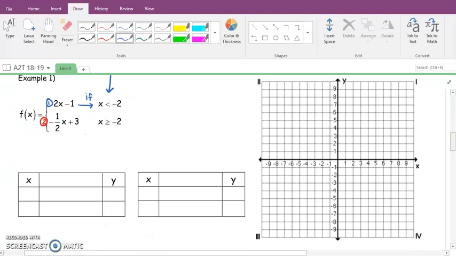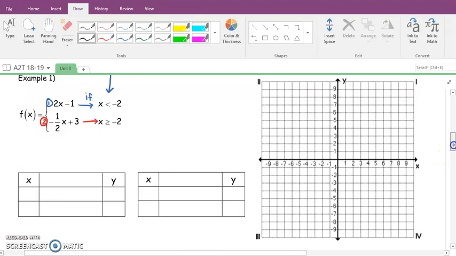One thing I like to do is take my pencil, and you'll notice that these two conditions typically match up with the same number. So I'll draw a dashed line at that number, so I know that's where my graph should split, with two different graphs, one on the left side and one on the right side.